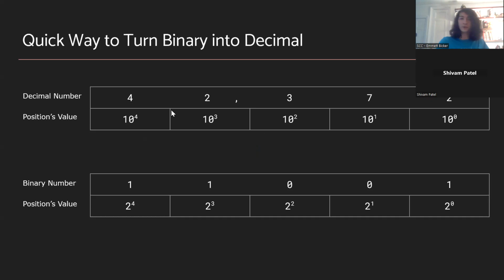So a quick way to convert from binary to decimal, which I won't go into too much: in every single counting system, the value of a place is the base that you're counting in to the power of that place. So what I mean by that is that in base 10, your ones place is 10 to the 0th, and your tens place is 10 to the power of 1.